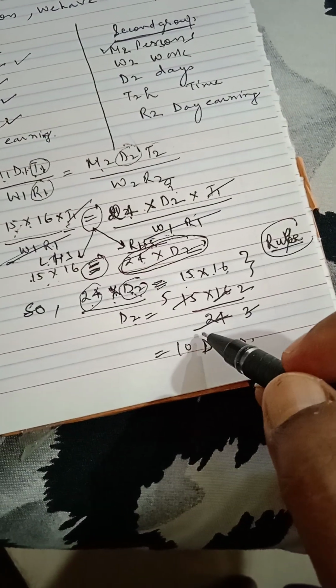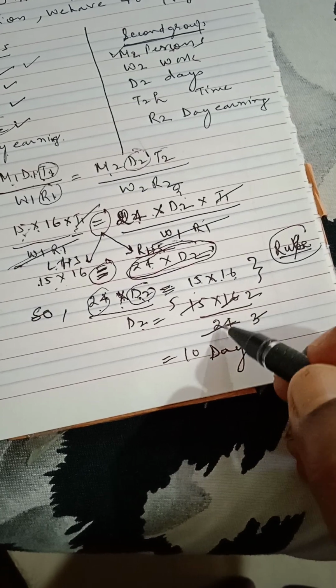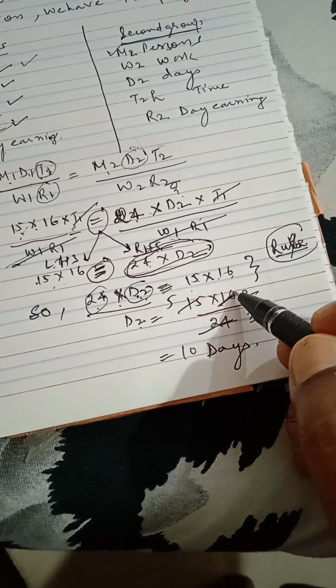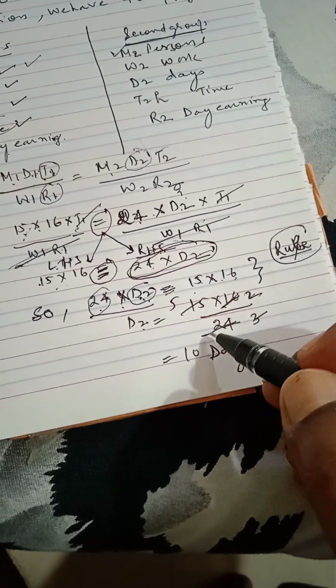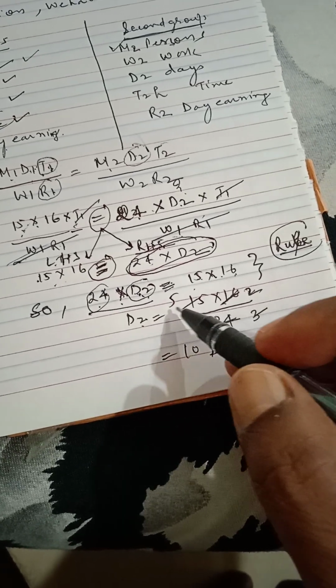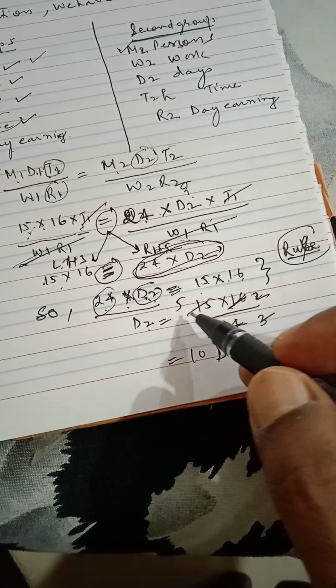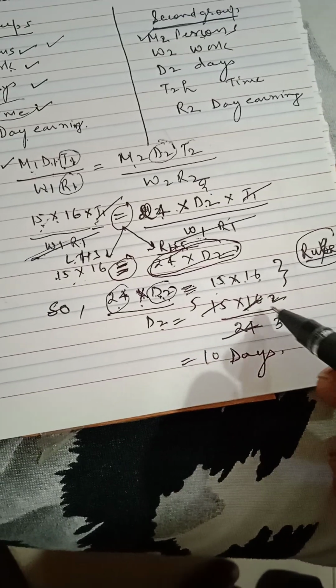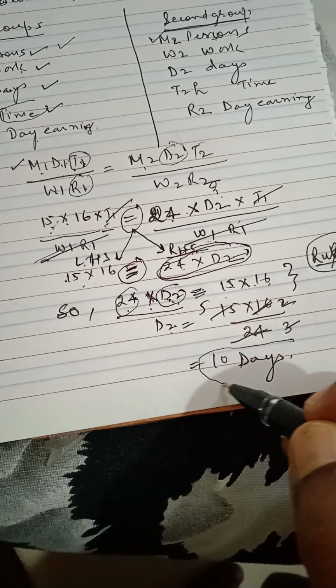After simplification, 8 into 3 is 24, 16 divided by 8 is 2, and 2 multiplied by 5 is 10. So finally we get the answer: 10 days.